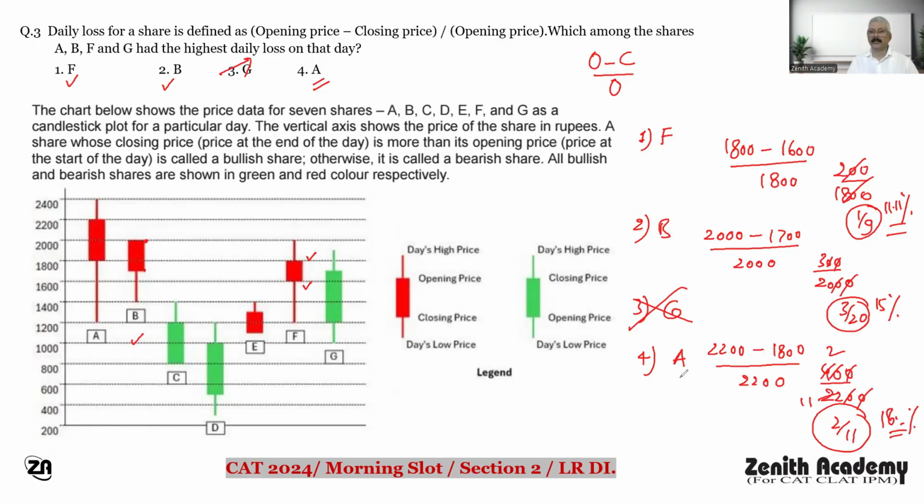So the highest means the answer will be here, 4th option. Answer is A. Now see next question.